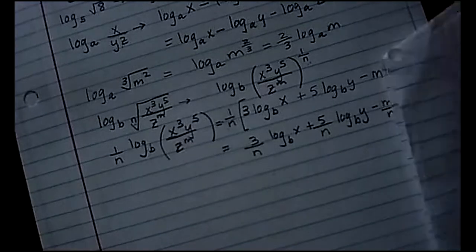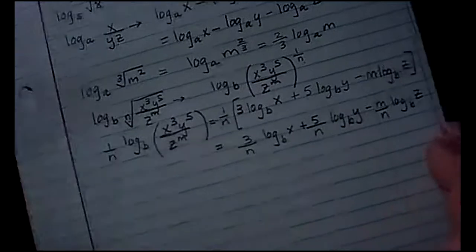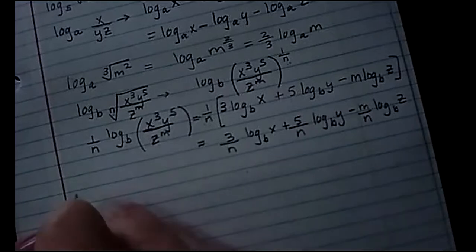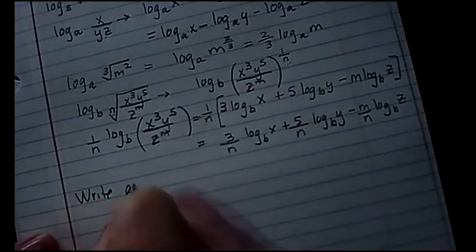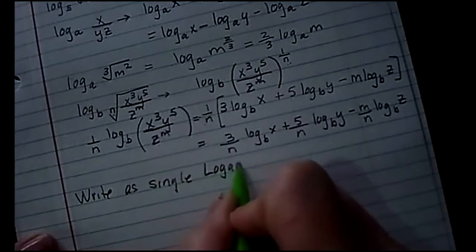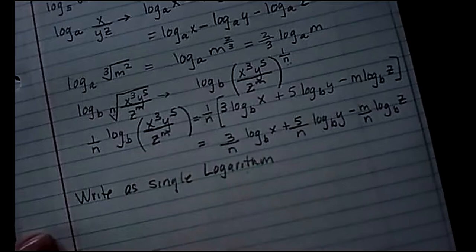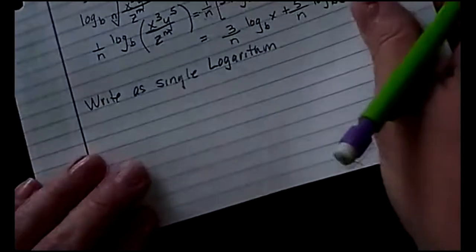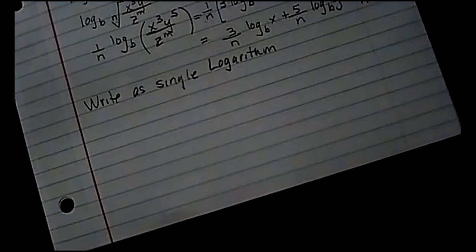All right, so I think let's take these now that we learned, and let's write them as a single logarithm. So that means we've got the expanded form, and we're going to take them back to the single logarithm.